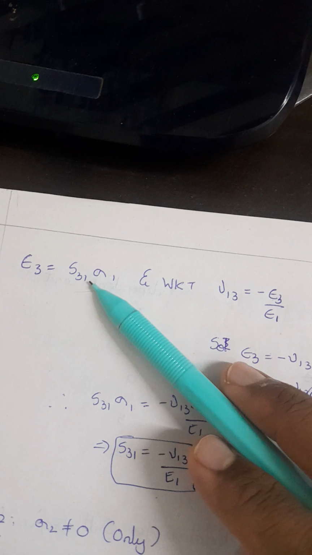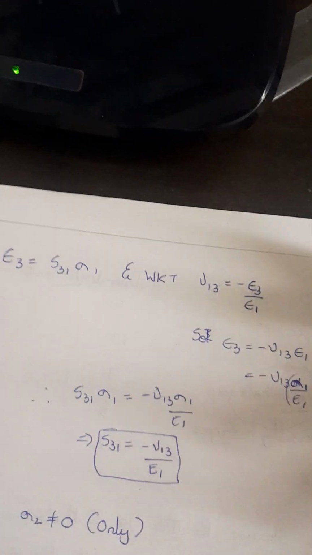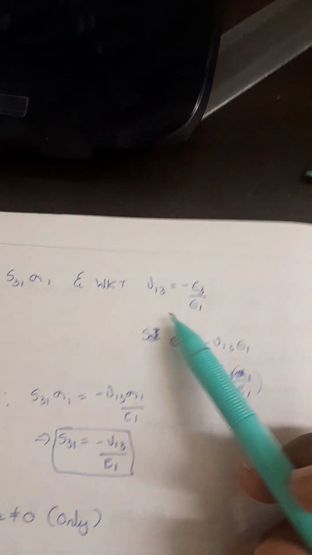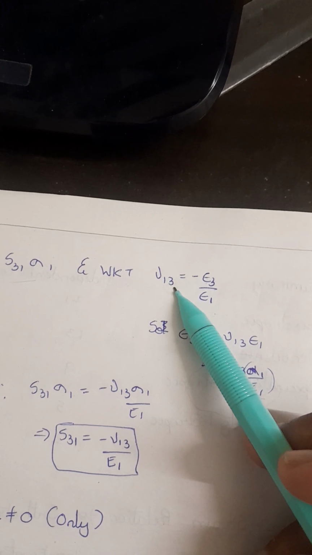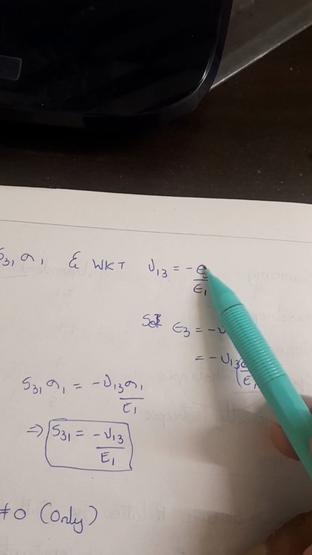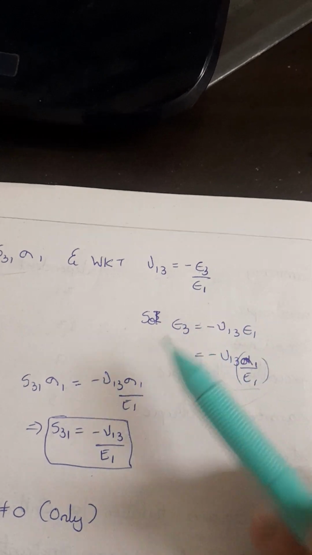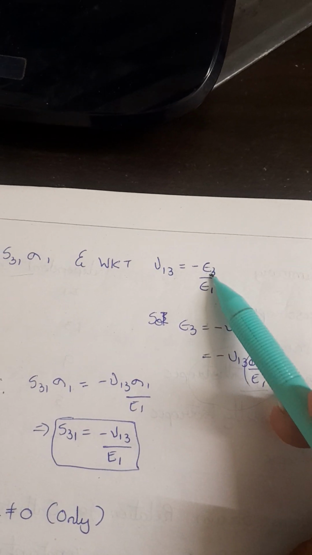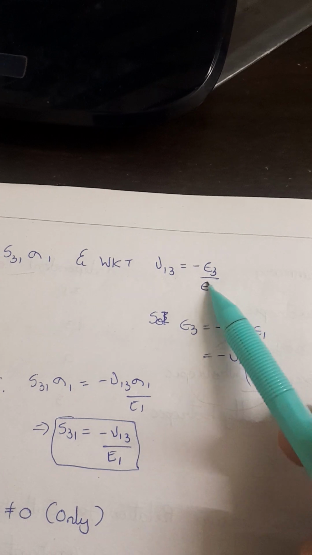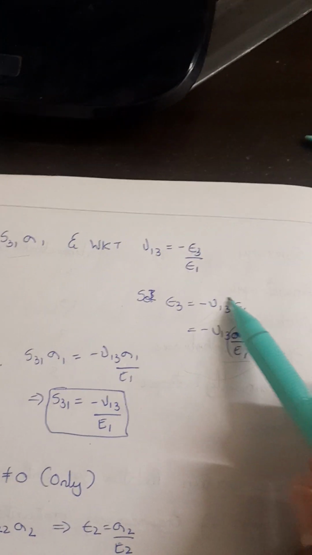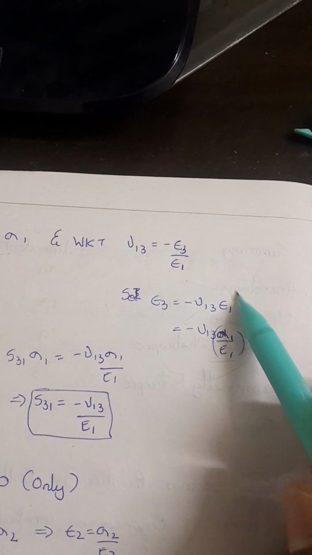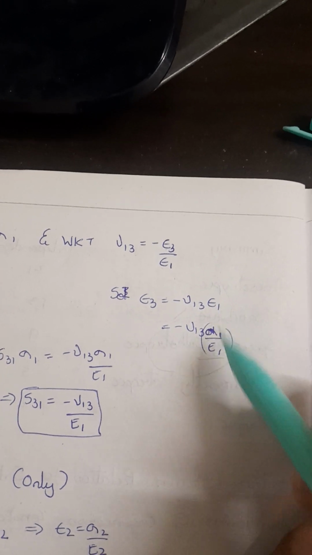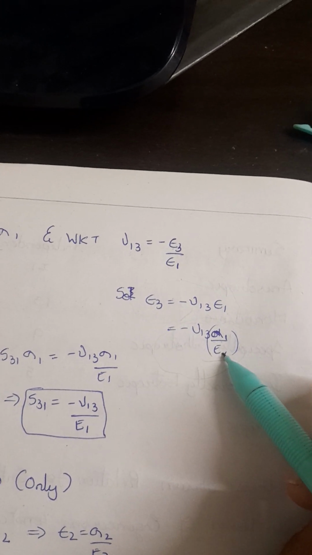Similarly, we know that the Poisson's ratio V13 would be the negative of strain 3 by strain 1. We can establish what strain 3 is by substituting strain 1 there, and we get a relation for strain 3. Strain 1 can be written as stress 1 by modulus of elasticity 1.